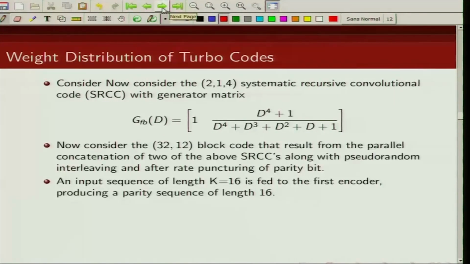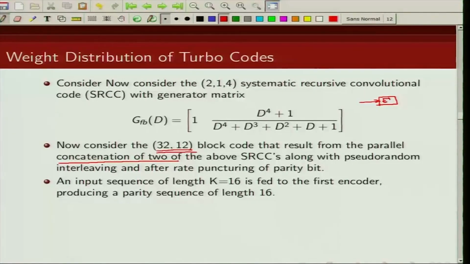Now we want to construct a parallel concatenation of 2 encoders which has the same parameters as the terminated convolutional code that we had. So how do we get it? As you recall, a turbo code is of the form like this.